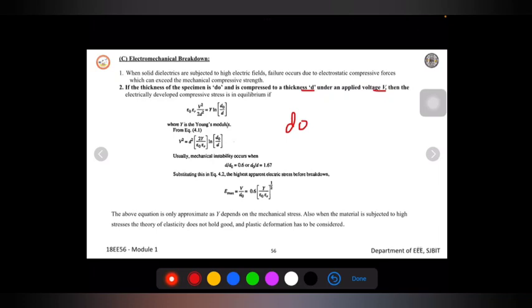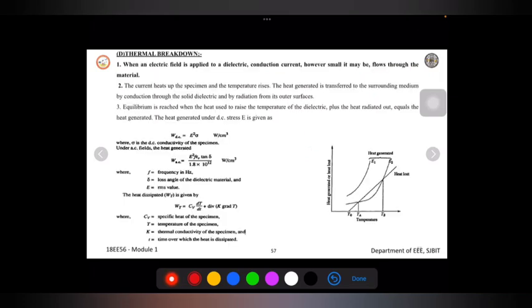So next we have thermal breakdown. Here the breakdown voltage of a solid dielectric should increase with its thickness. If the thickness of a solid dielectric is increasing, then the breakdown voltage also should increase.